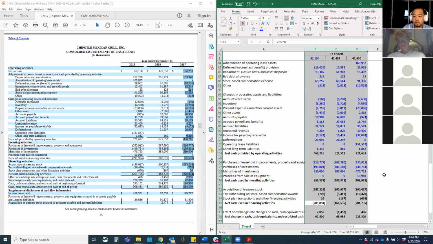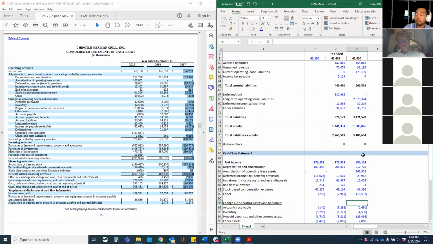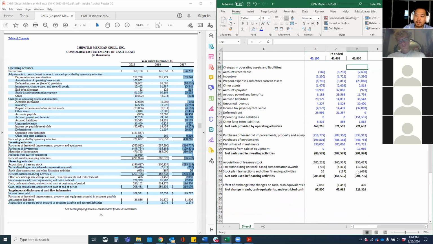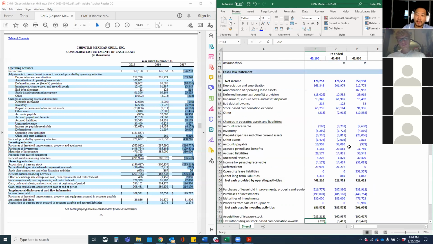I don't really see why you wouldn't do it. If you're speed modeling, then yeah, just cut out everything you can. But usually people like to see 3 years of historicals. If this was all blank and I got that in an interview, I'd be like, why didn't you put in historical cash flow statements?